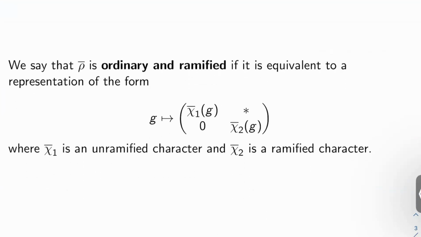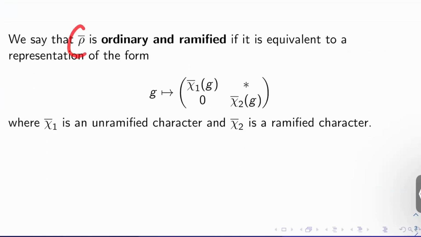Okay, so the usual setup, we'll say that such a rho bar is ordinary and ramified. It's equivalent to a representation of the following upper triangular form: G maps to (chi1 bar of G, star; 0, chi2 bar of G), where chi1 bar is an unramified character and chi2 bar is a ramified character.